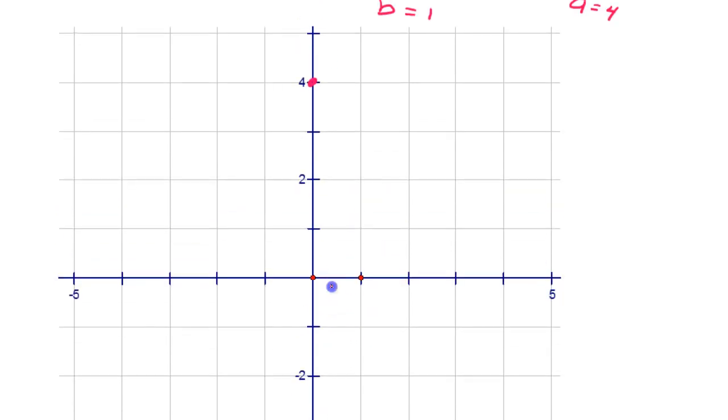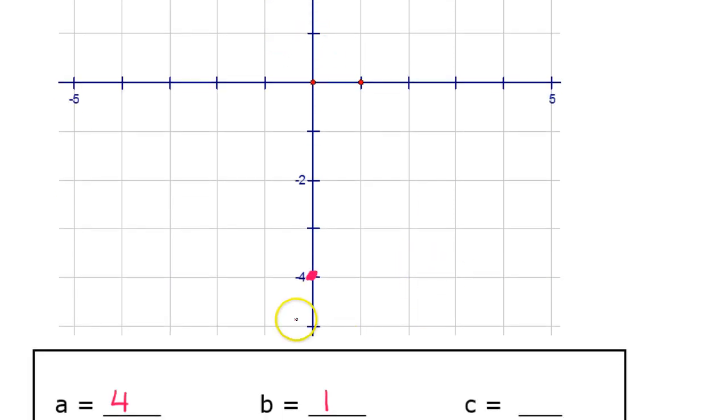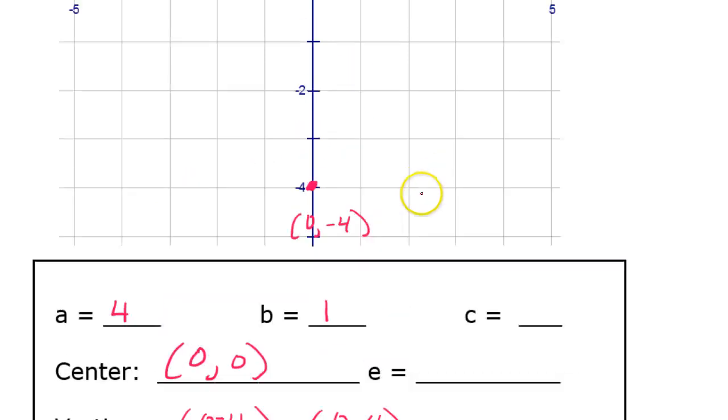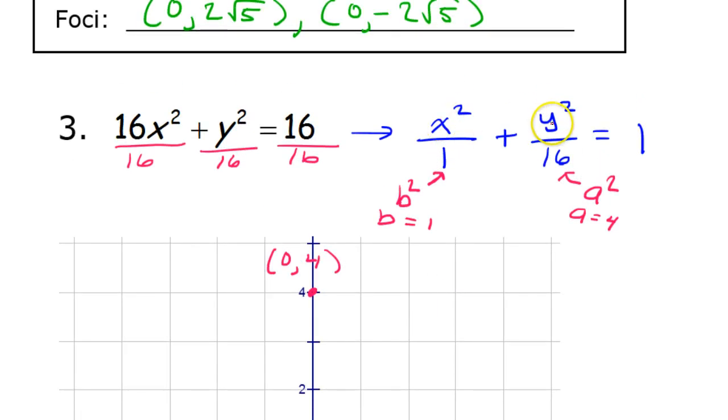And these will be the vertices. Okay, so this will be 0, comma 4, and 0, comma negative 4. All right, those are my vertices. By the way, the center again is 0, comma 0, because it's just x squared and y squared.